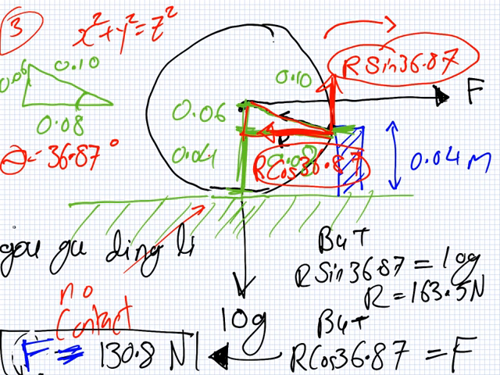So this one is flat, this one is down, V. Gou, gu, ding, li. Ding, li. Ding.